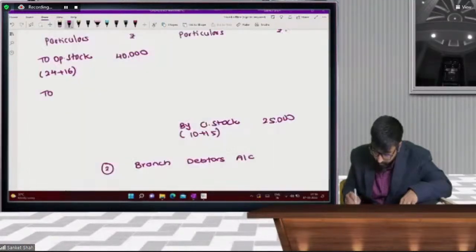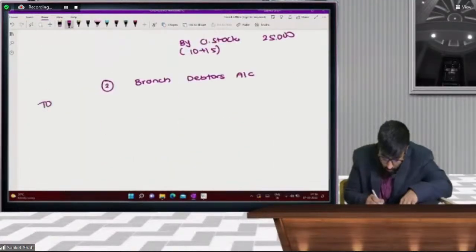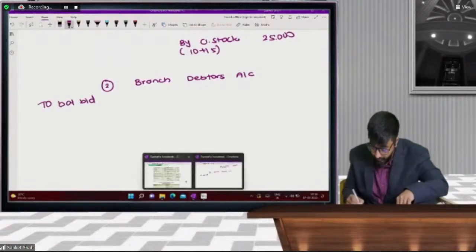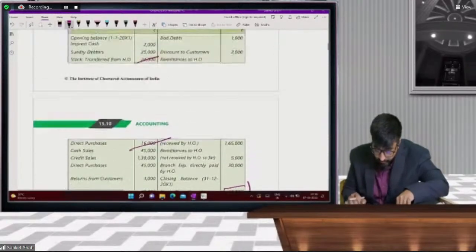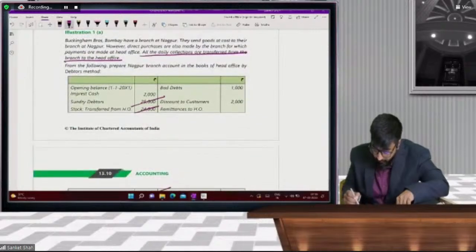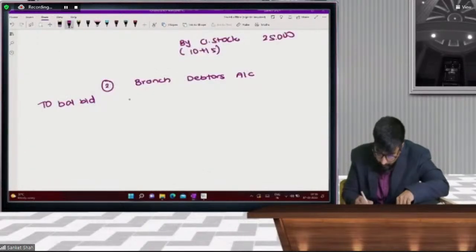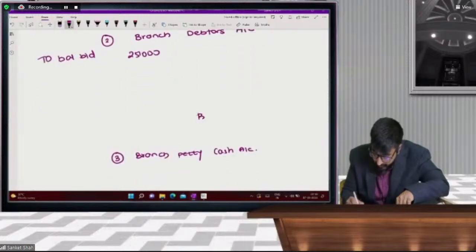debtors account, to balance brought down. Yes, to balance brought down. Debtors account 25,000. By balance carried down, we have to find it.